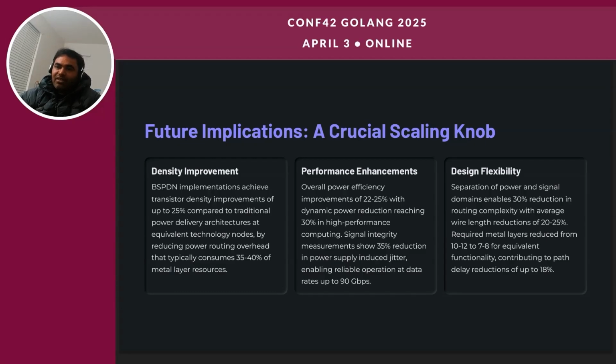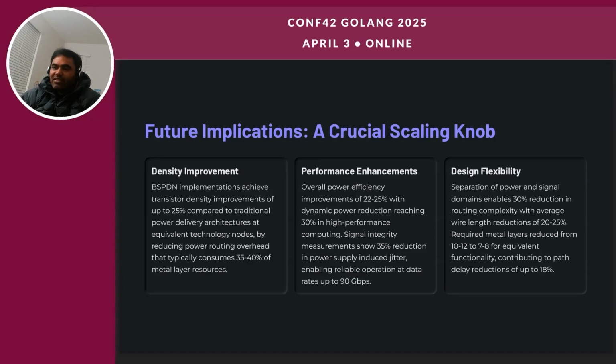Feature implications. Density improvement: the implementation achieves transistor density improvement along with the performance improvement. Compared to the traditional power delivery network, it is a 25% improvement. The power is reduced by 35 to 40% with the different metal layers. Performance enhancements: overall performance efficiency improved by 20-25%, with dynamic power reduction of 30% in high performance computing and 35% in data measurement.